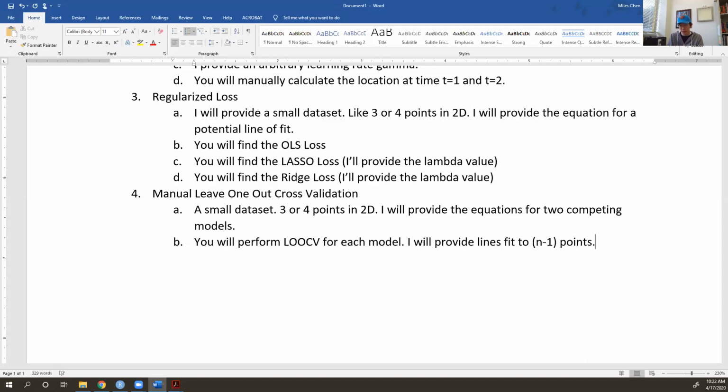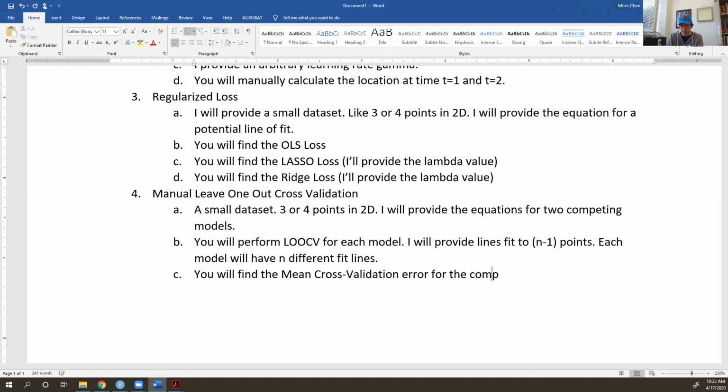Each model will have n different fit lines, and you will find the mean cross-validation error for the competing models.